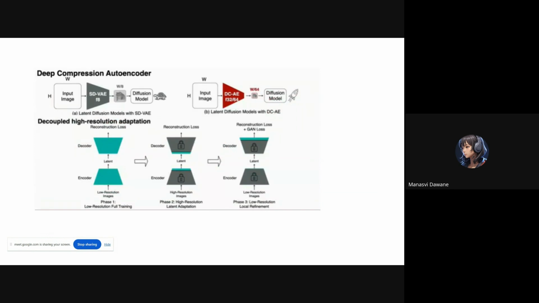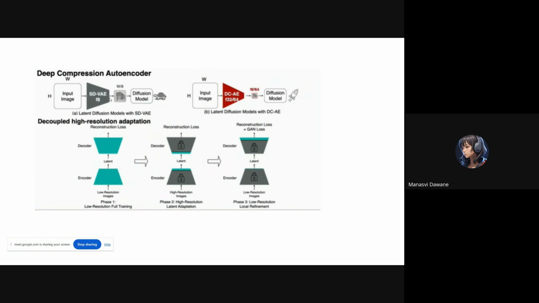So the very first optimization layer is the deep compression autoencoder. F here stands for the spatial compression factor. This is the compression factor. So first, let's see the first diagram.